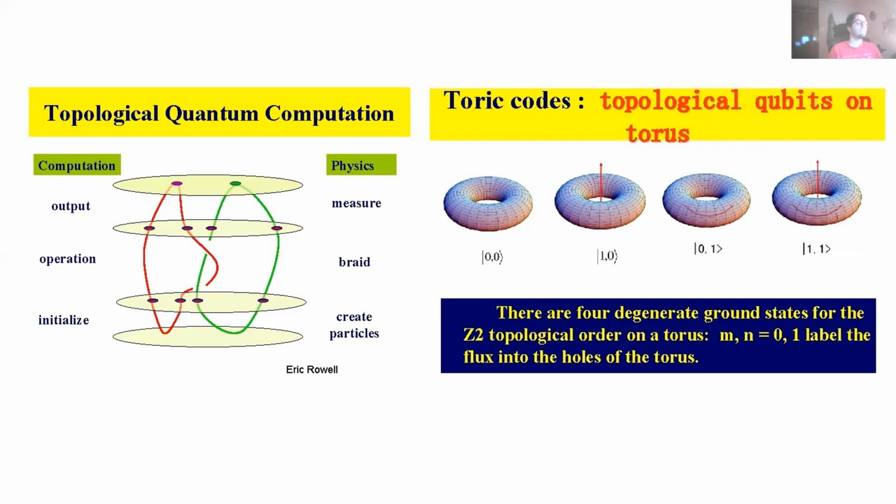This is the topological qubits on a torus. As you can see, it is coded with brackets. There are several different states coded into the torus, and on the other side, it's a basic scheme of how to carry your information when you have a topology in the system.